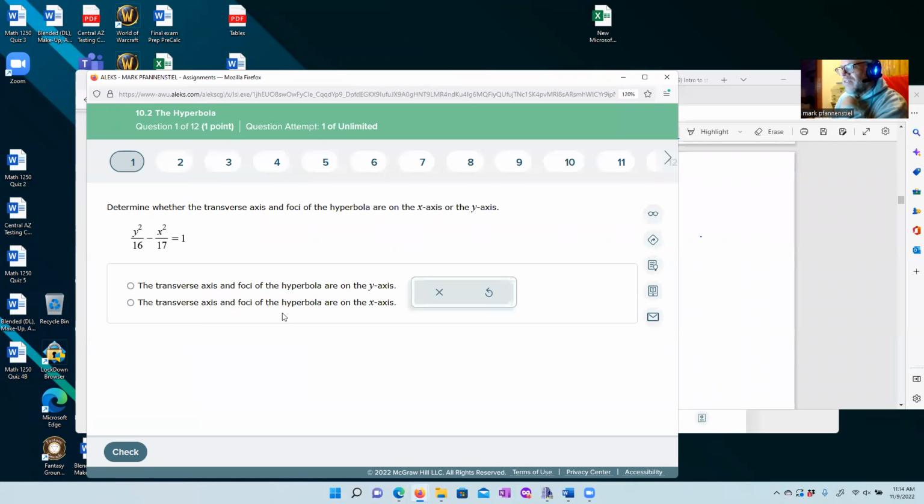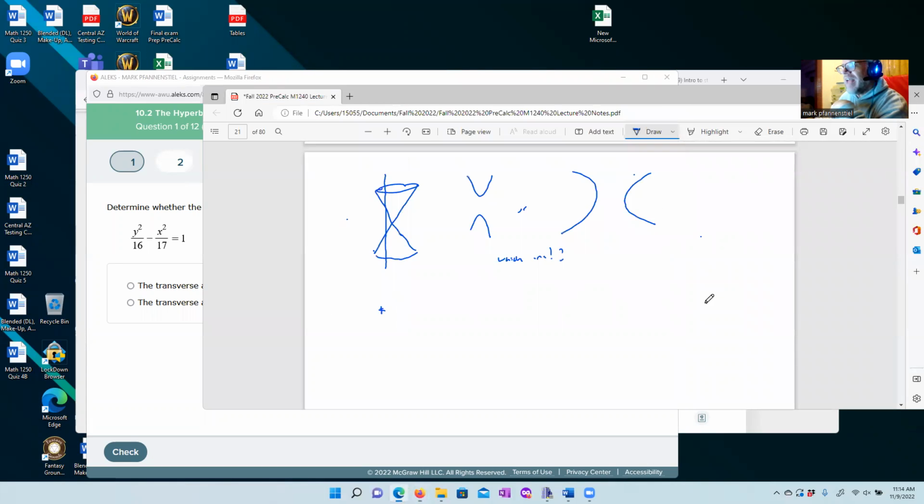So they want to know: what is the transverse axis and foci of the hyperbola on the y-axis? Same rules apply as with ellipses. We're going to have (x minus h) squared over a squared, plus or minus, (y minus k) squared over b squared, equals 1.